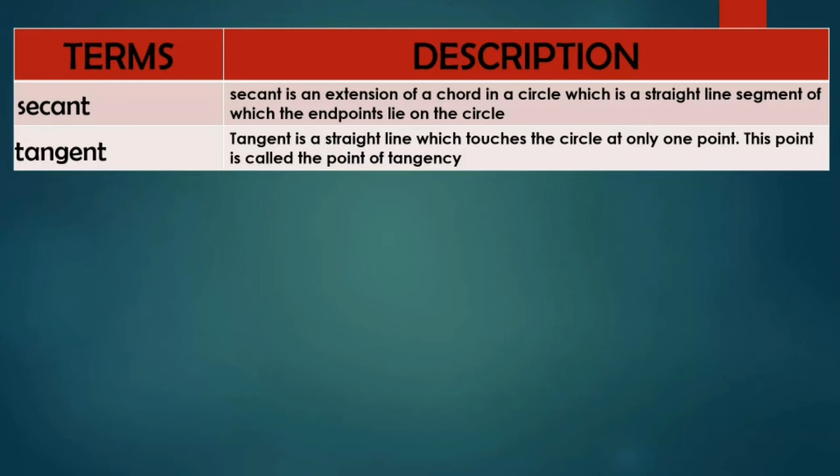A tangent is a line which intersects the circle at exactly 1 point. It is a straight line which touches the circle at only 1 point, and this point is called the point of tangency. I hope that you will remember all the terms and descriptions related to circle.